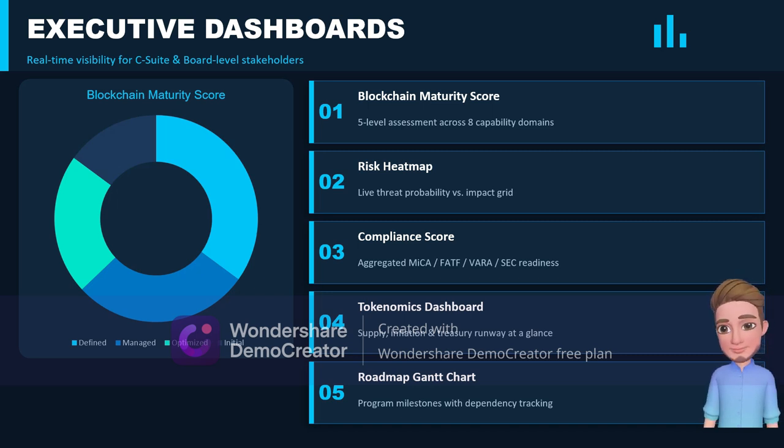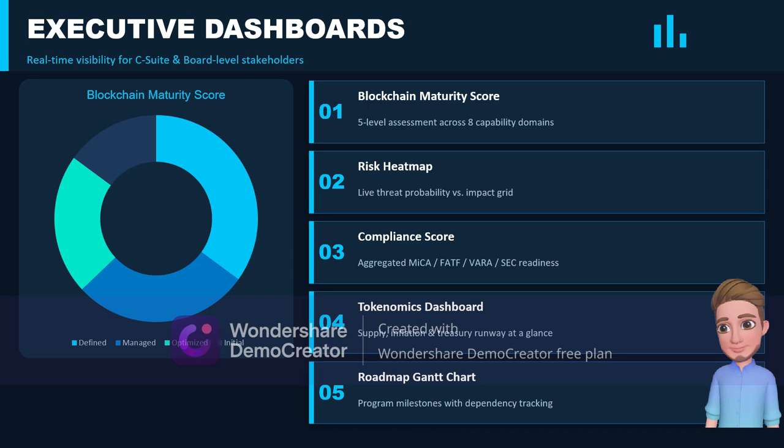Your CISO doesn't need spreadsheet tabs. They read dashboards. The Blockmaster OS delivers five executive grade dashboards that give leadership immediate visual answers to the questions they are asking: where are we on the blockchain maturity curve, what's our compliance posture, are we on track.